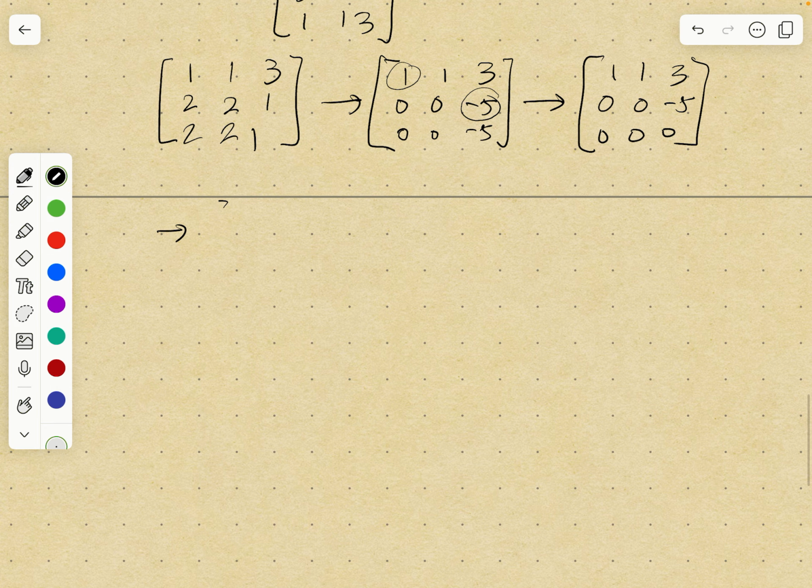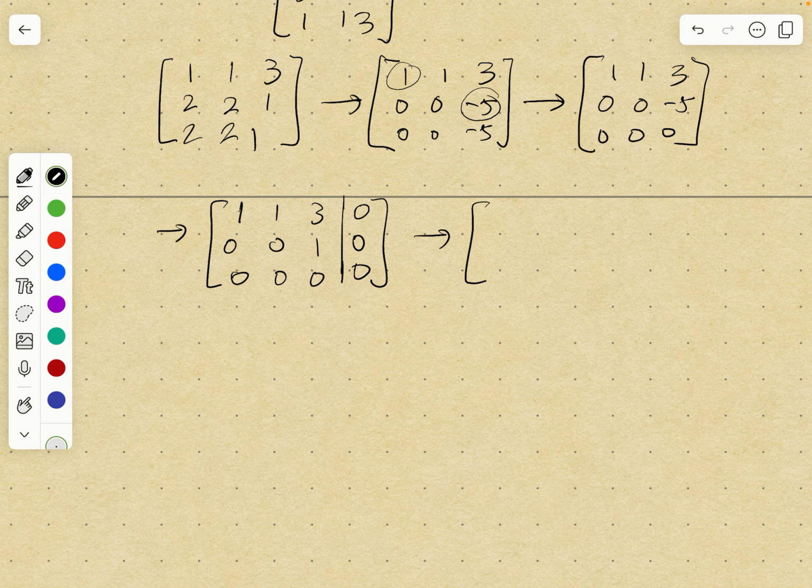And now I already see what I'm going to get in the reduced row echelon form. But to show all the steps, I'll divide negative 5 by negative 5 to get 1. Now I'll do the column of zeros, and then row 1 goes to row 1 minus 3 row 2, so I get this. So that's my reduced row echelon form.